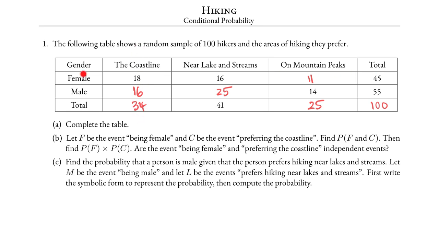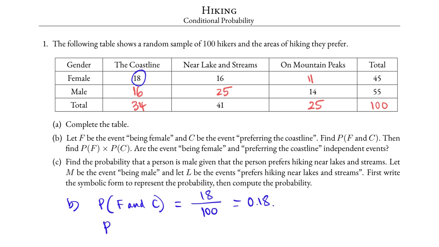The intersection of those two events, the female row and the coastline column, is 18. And so the probability of F and C is 18 divided by the grand total, which is 100, or 0.18.